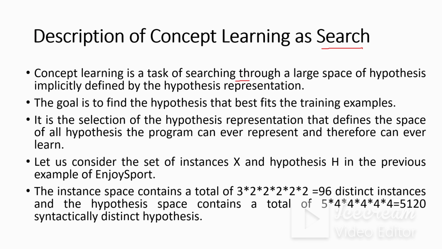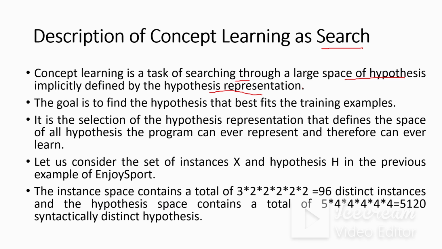We are actually searching through a large space of hypotheses. And this space is defined by the hypothesis representation, which we have discussed earlier. The hypothesis representation for our task is a conjunctive hypothesis of all the 6 attributes. So what is the goal of this hypothesis search as far as concept learning is concerned?